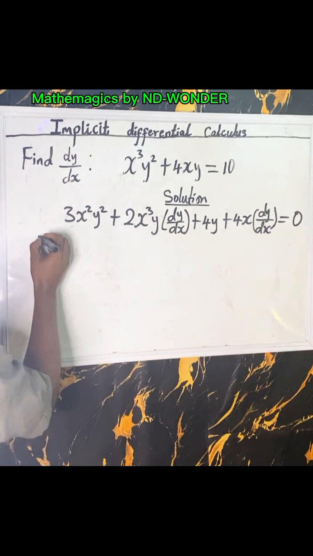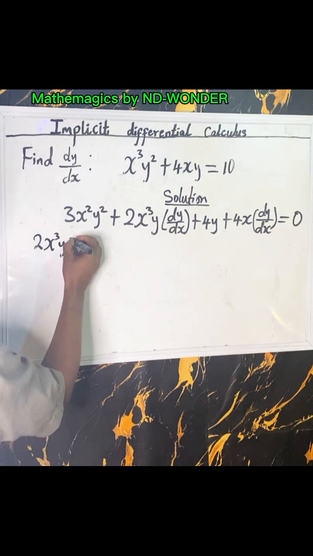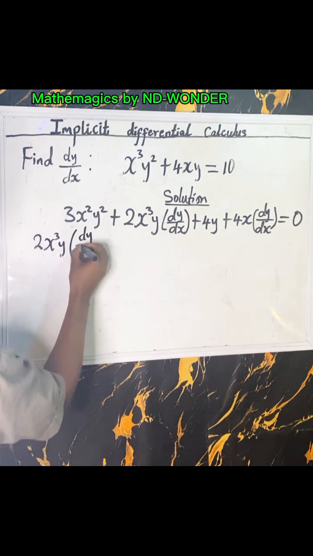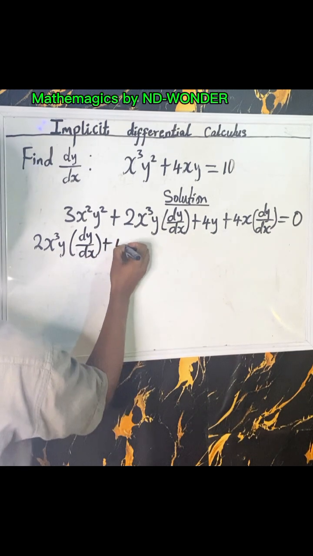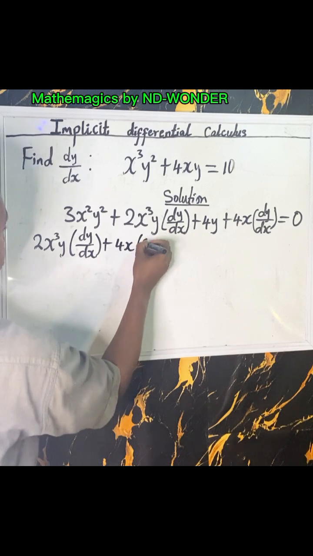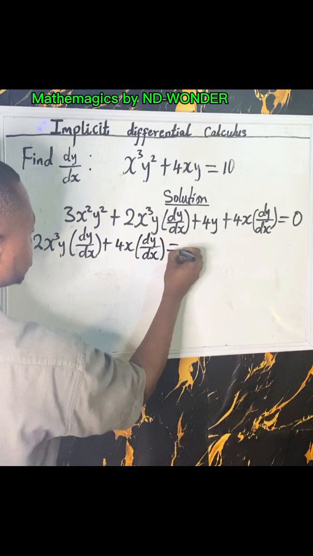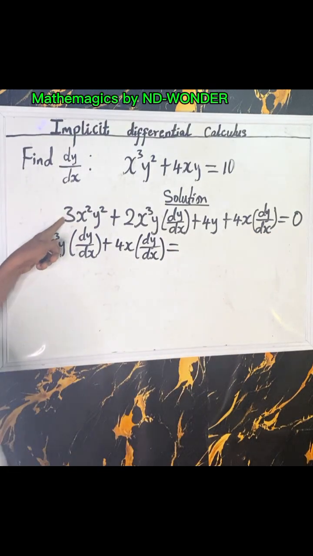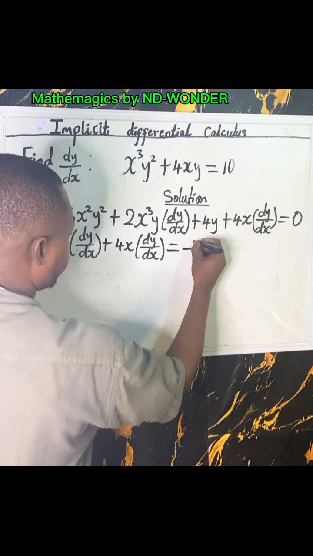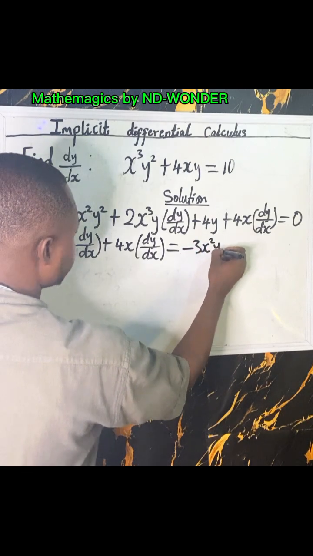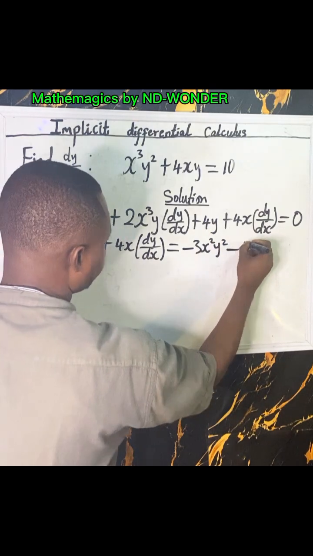What do I have left? I'll be having 2x cubed y dy over dx plus 4x dy over dx will be equal to 0. So we subtract 3x squared y squared from both sides. We have negative 3x squared y squared. Then we subtract 4y from both sides. We have minus 4y.